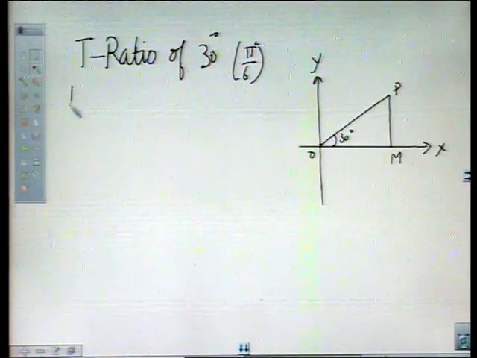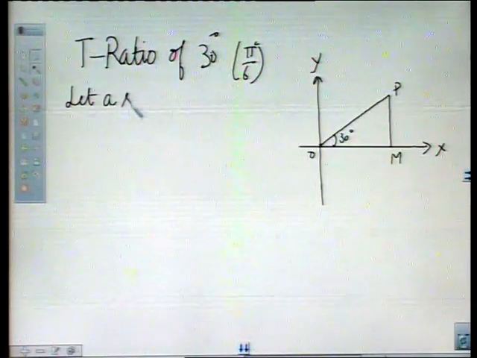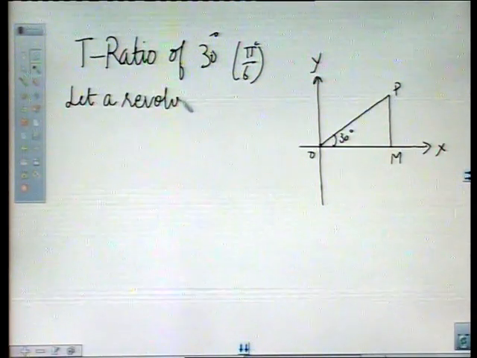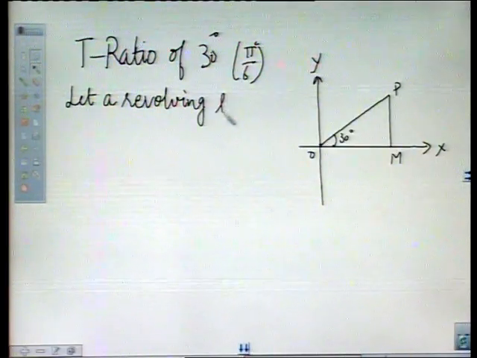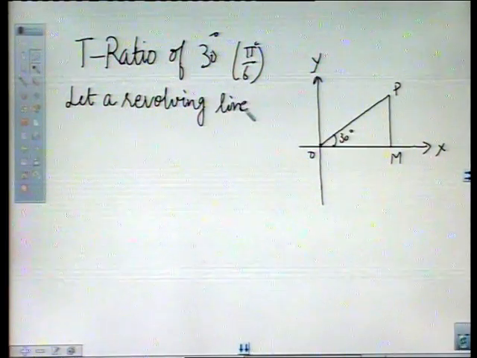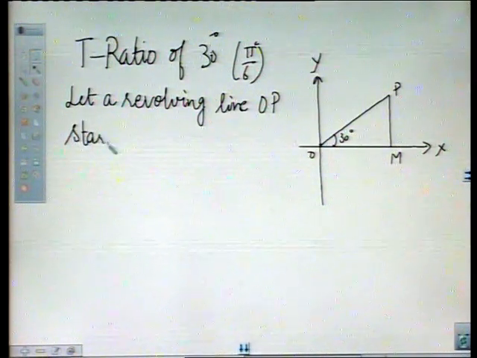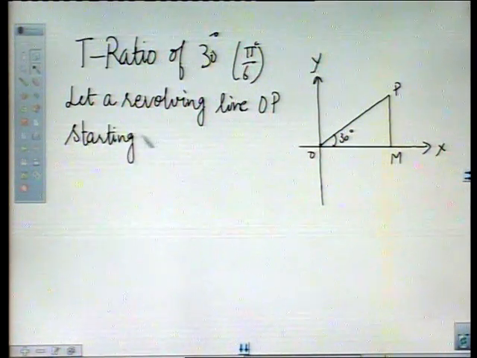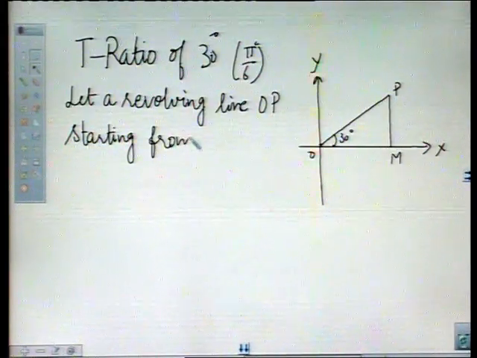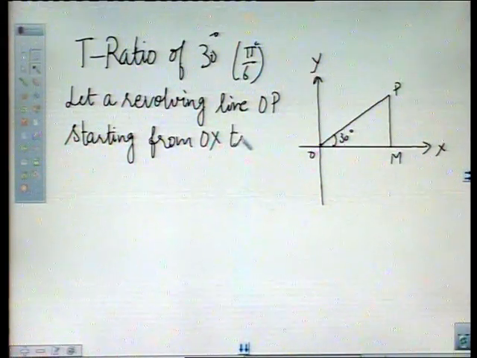We write like this: let a revolving line OP, starting from OX, trace out an angle.